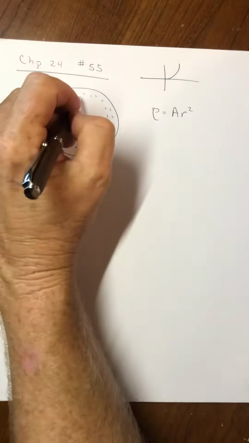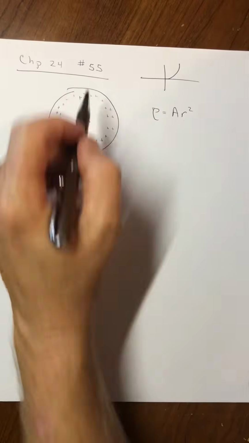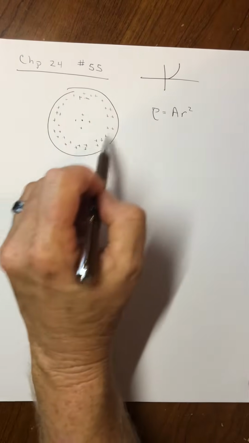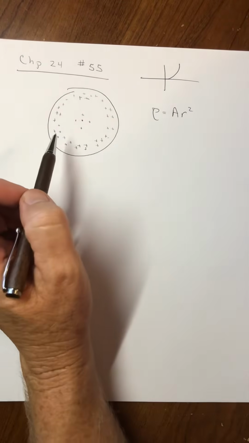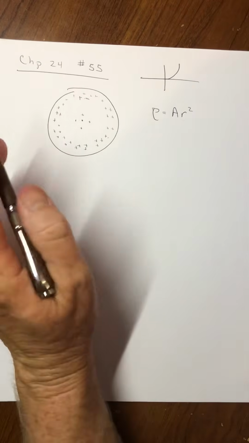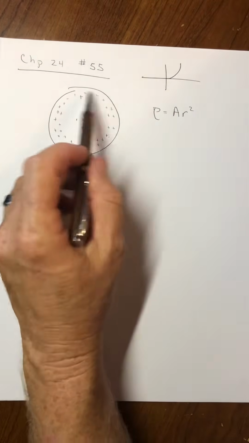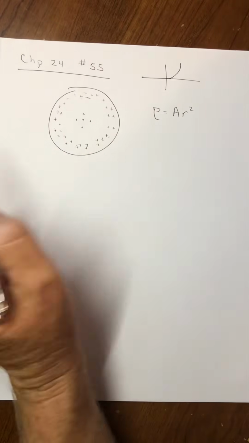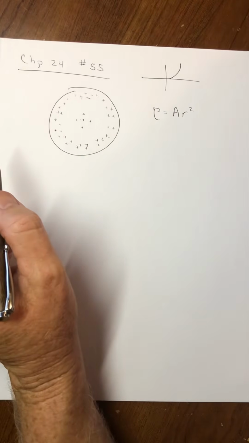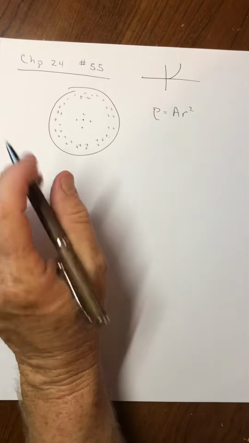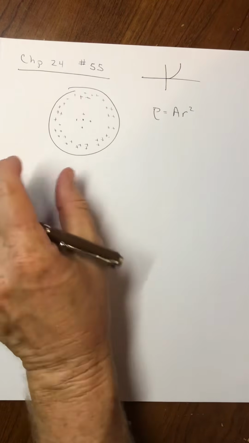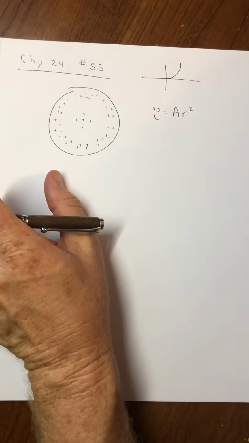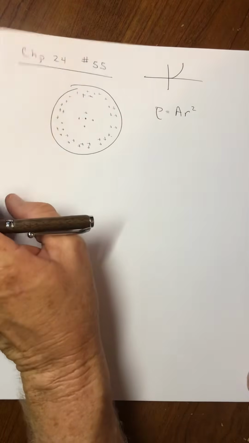The charge density is much greater out here, and the volume is much greater out here. So you put those two together, and most of the charge is really far out here. Very little of it is actually inside. But the real key to remember here is it's a non-uniform charge density, okay?